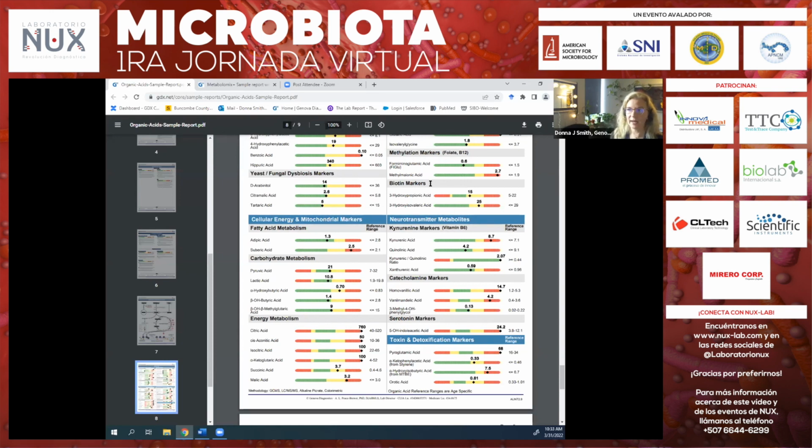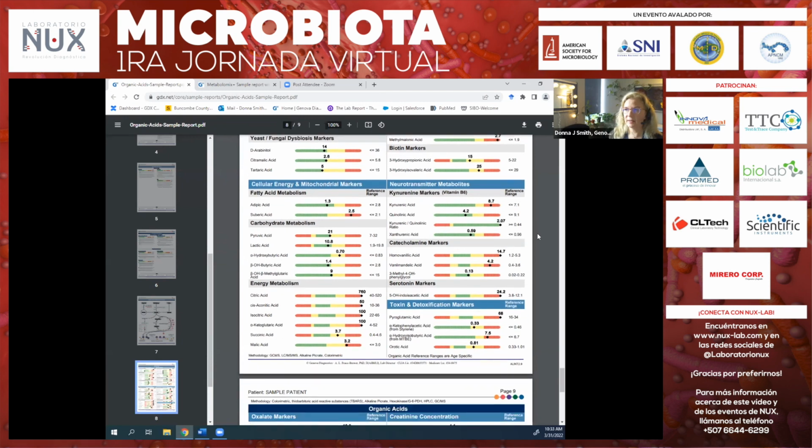And so when we have elevations here for these markers, it is an indication of a need for B7. Now this next section, we're looking at neurotransmitter metabolites. Now, it is important to know that we're not measuring the neurotransmitters themselves. We are looking for cofactor need along the biochemical pathway.